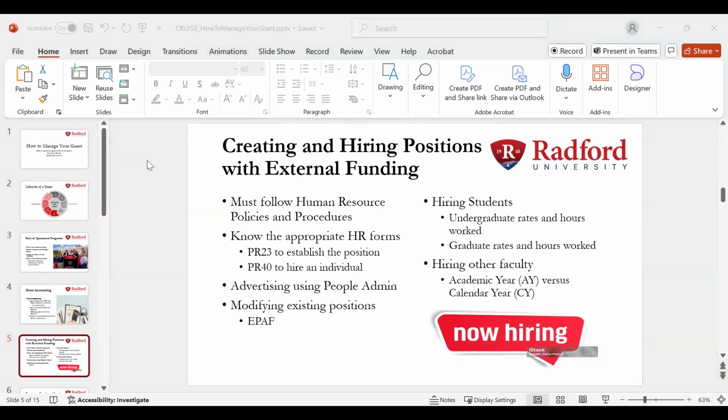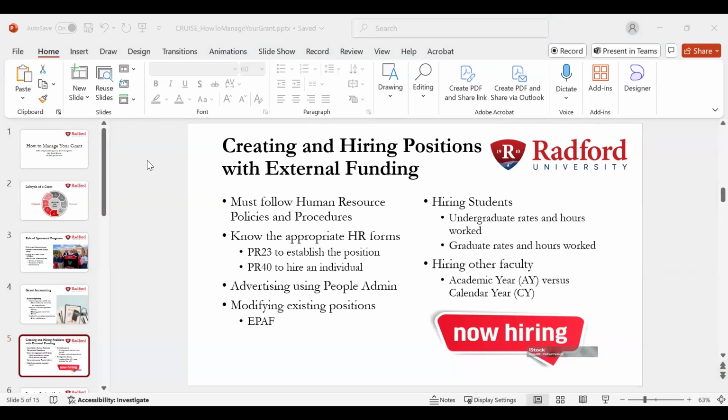But one of the areas we often see is hiring students. There are two different types of students: undergraduate students and graduate students. For undergraduate students, now that we're under a new rate, that rate is $15 an hour. That's the minimum hourly rate you will need to use for an undergraduate student, but it could be more.